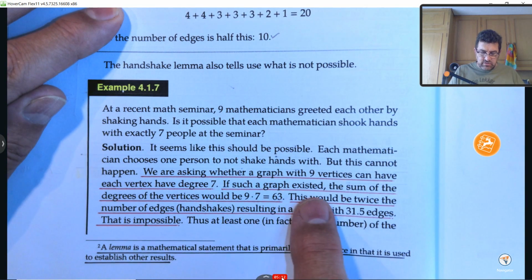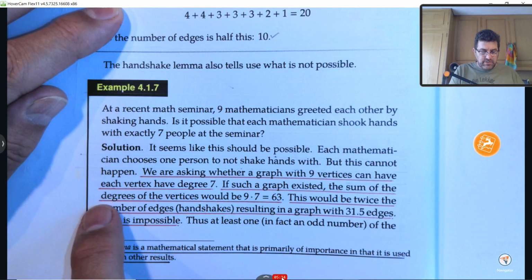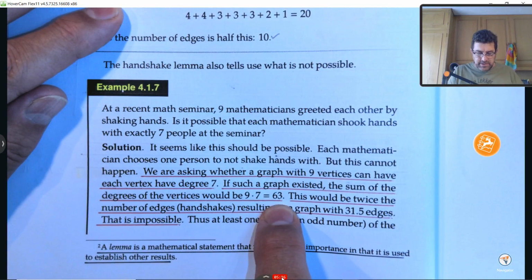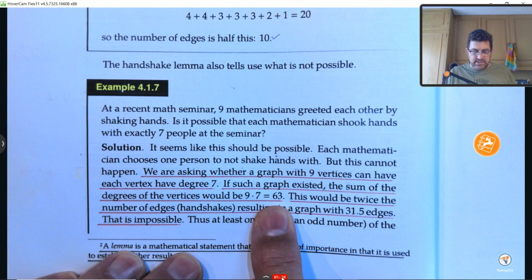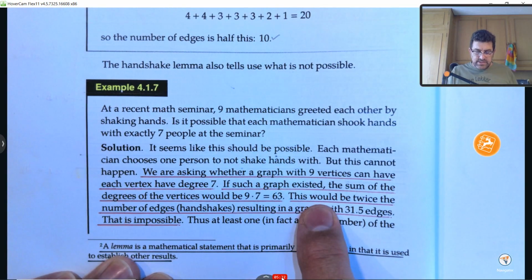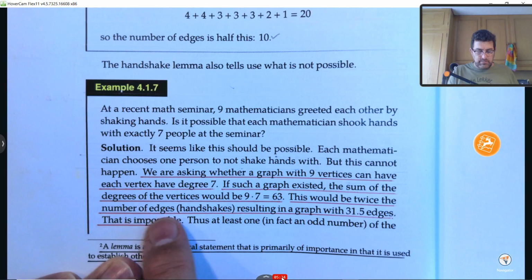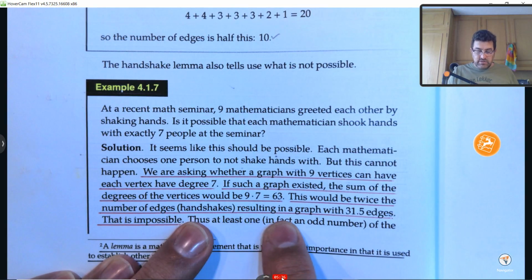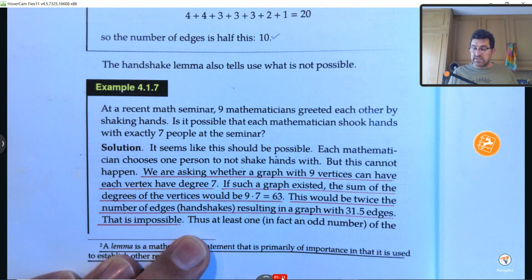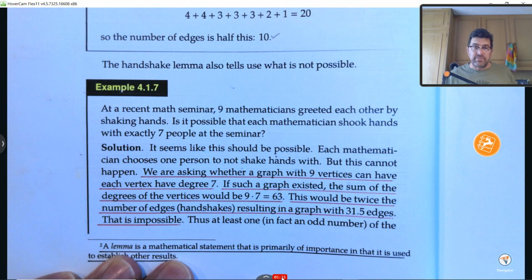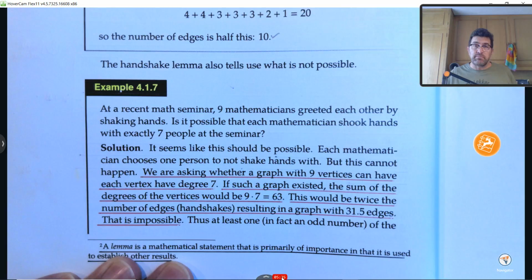He says, if such a graph existed, the sum of the degrees of the vertices would have been 9 times 7, which is 63. This would be twice the number of the edges. So to find the number of edges, we will have to halve that, and that will give us 31.5 edges. So that's just simply impossible.